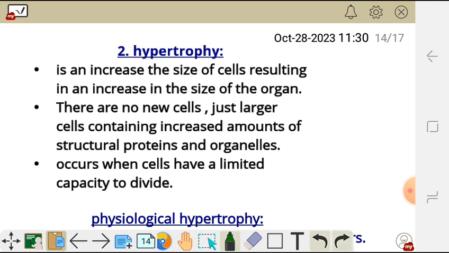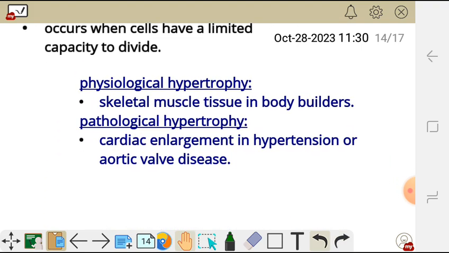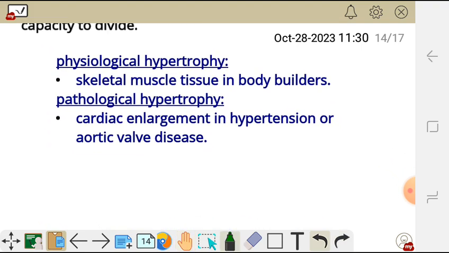So hypertrophy can be physiological or pathological. Under physiological hypertrophy, we have, for example, skeletal muscle tissue in bodybuilders. Skeletal muscle in bodybuilders becomes hypertrophied, they increase in size, as we are able to see in the muscles of a bodybuilder.